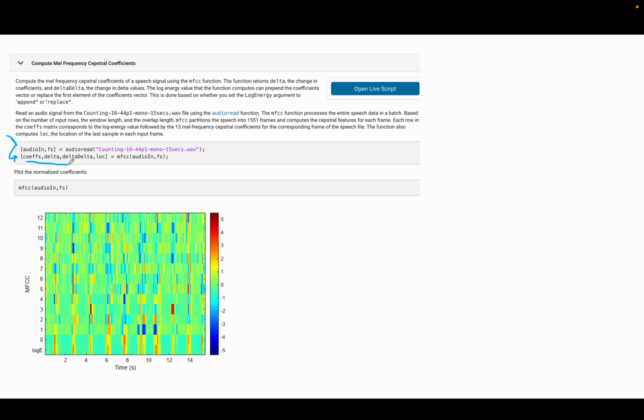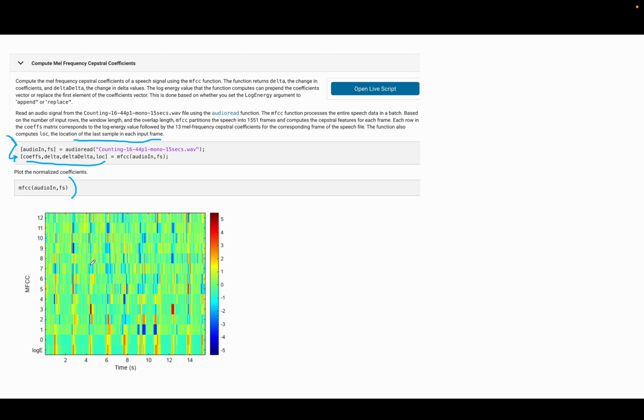Using this syntax underlined in blue here, you can get the coefficients, you can get delta, you can get delta-delta, and you can get something called LOC, which is the location of the last sample in each input frame. Then you can just use the mfcc command alone to get the plot.